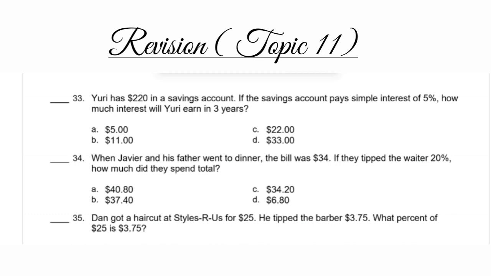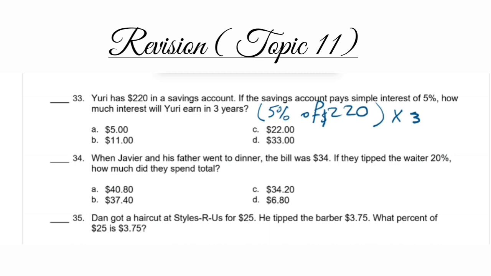Okay, so we have here 5%. We need to find 5% of $220. And after that, multiply this by 3.